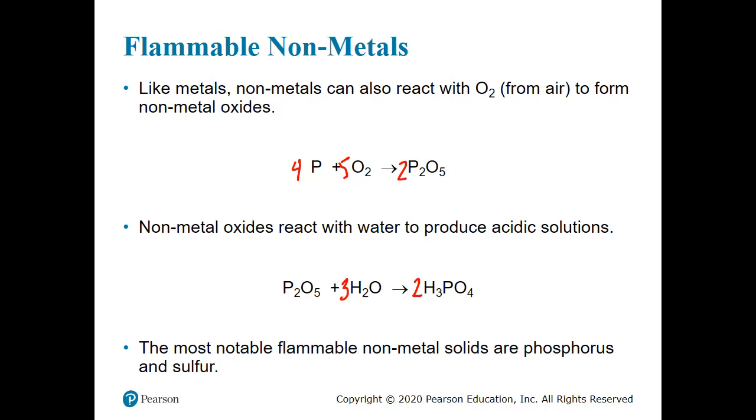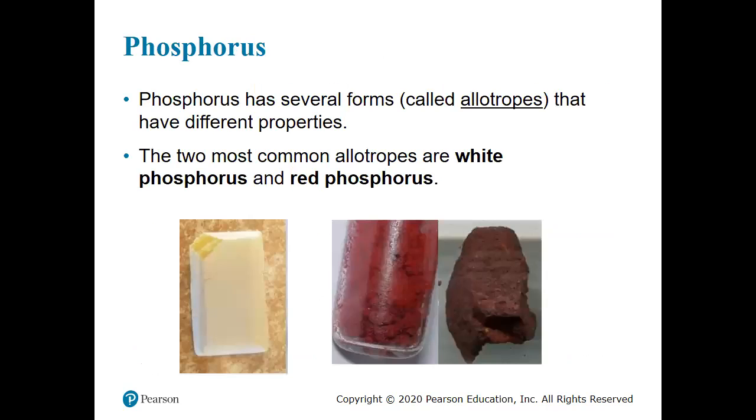And so while there are lots of nonmetals that are reactive, we're going to focus primarily on two of them, phosphorus and sulfur, because those are the two most common ones that we would see, and they are the ones that have the greatest danger and hazard associated with them. So we're going to start with phosphorus.